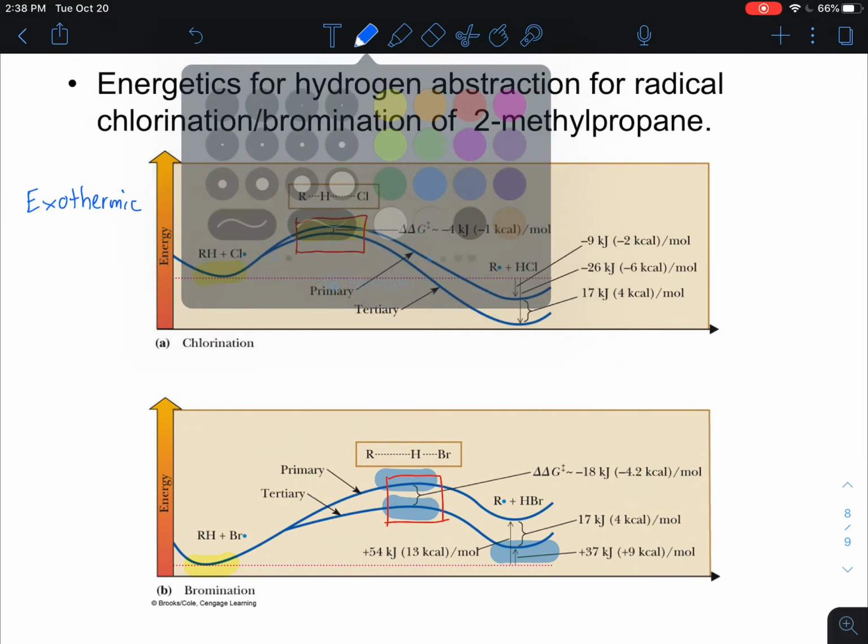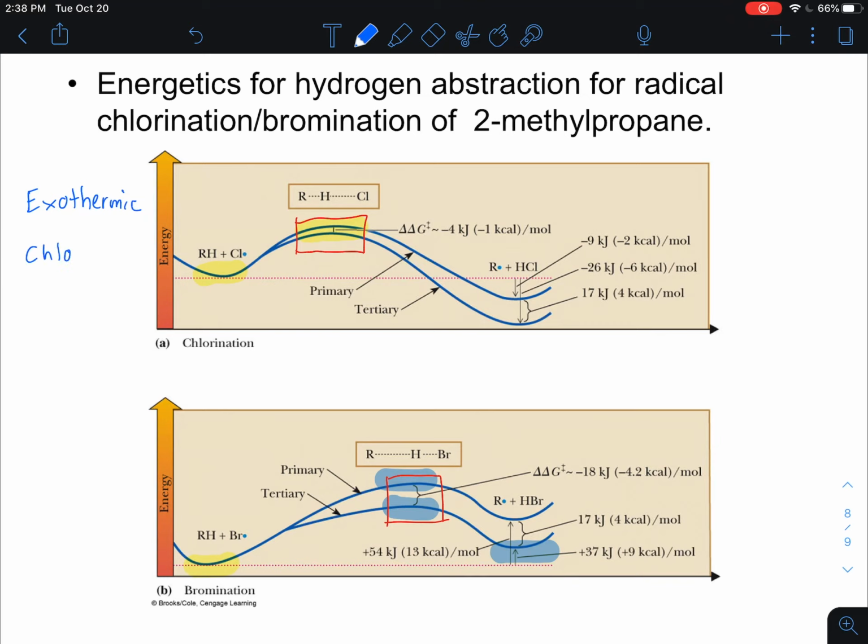In the case of the exothermic chlorination, the two pathways to add primary and tertiary are pretty much the same energy-wise. So that's not going to make much of a difference, but for the endothermic bromination, those pathways are immediately way different in terms of energy, and as a result, the product distribution is going to be influenced by this a lot more.